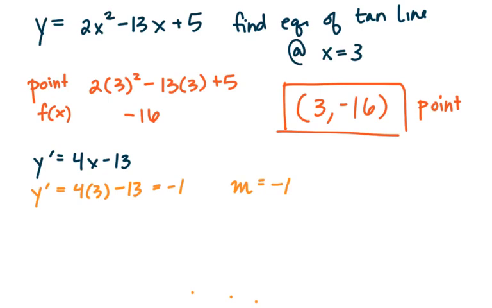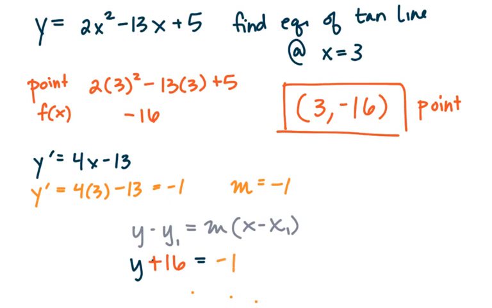Using my point-slope equation, y minus y1 equals m times x minus x1, I'm going to determine that the equation of my line would be y minus -16, or plus 16, equals -1 times the quantity x minus 3.